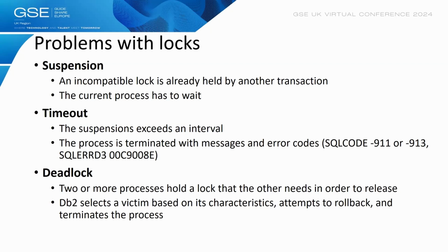The third problem I have here is a deadlock. So if I have two or more processes that hold a lock which the other one is waiting for, then we are in a deadlock situation. And IRLM has this deadlock cycle detection, and it detects this problem and will terminate one of the transactions. So Db2 somehow selects a victim and rolls back and terminates the process so that it resolves the deadlock.